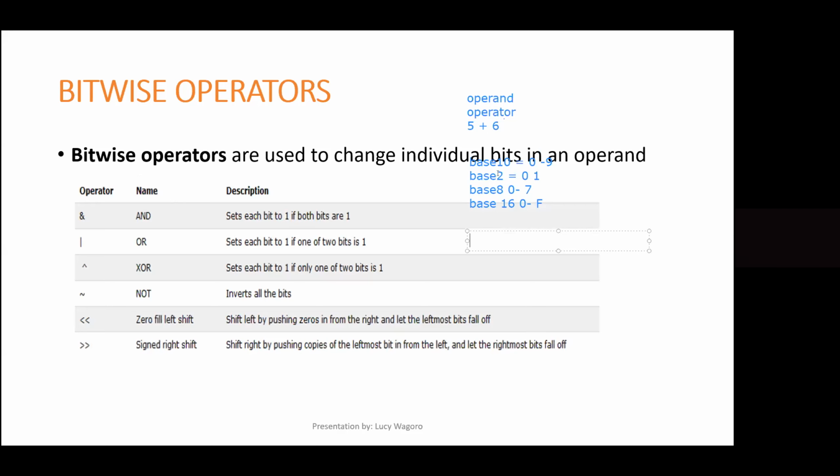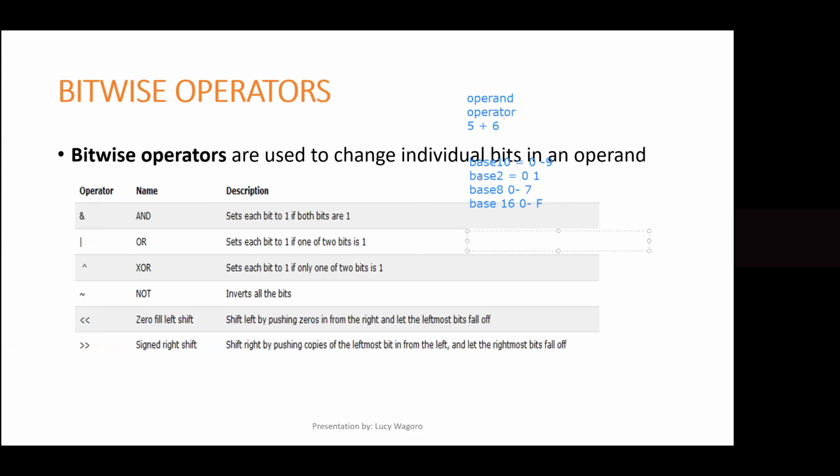If I have a number in base 10, I can change it to base 2. If I have a number in base 2, I can change it to base 10, base 8, or base 16. Maybe during your own time, you can Google that and see more on how to do it. But I will just give a few conversions.